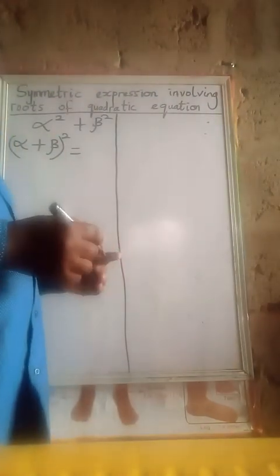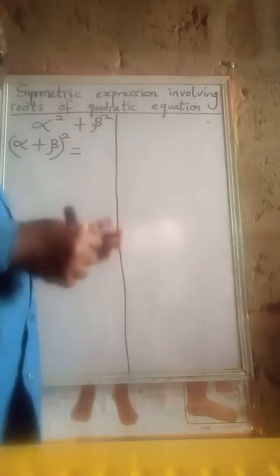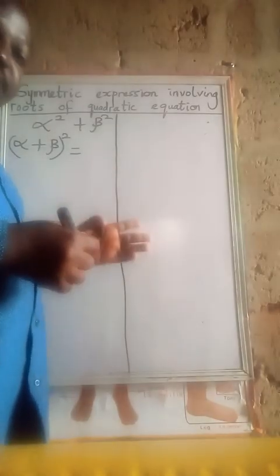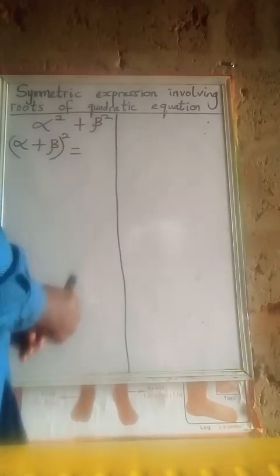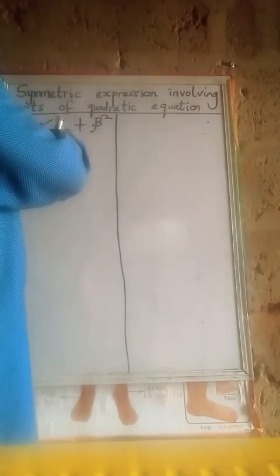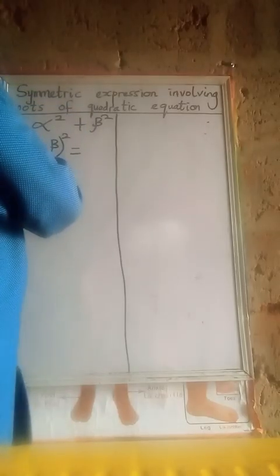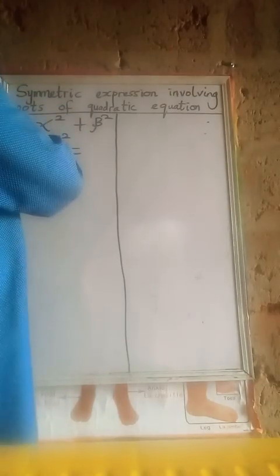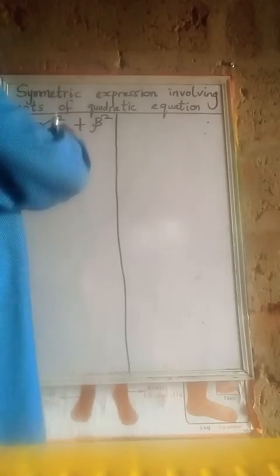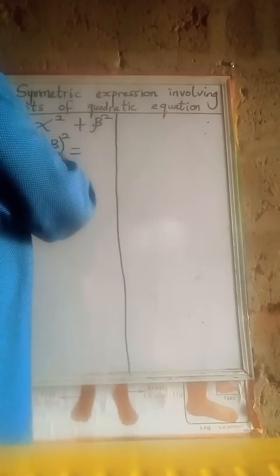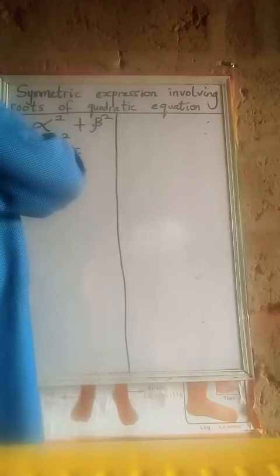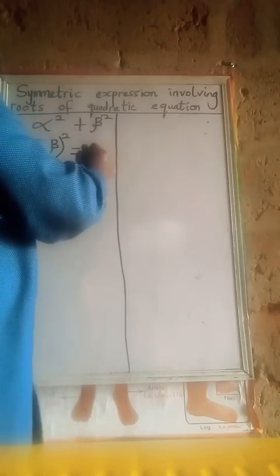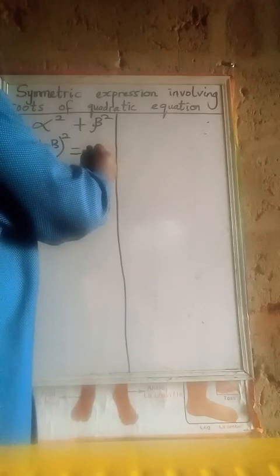In order to expand this, there is a shortcut which I have discussed several times in my videos. So alpha plus beta square is equal to alpha to the power of 2, plus alpha times beta times 2, that will give us 2 alpha beta, then plus beta to the power of 2.